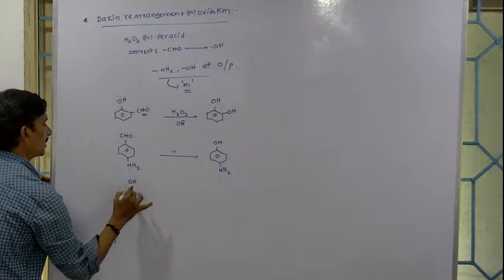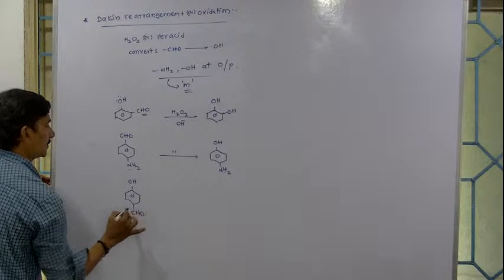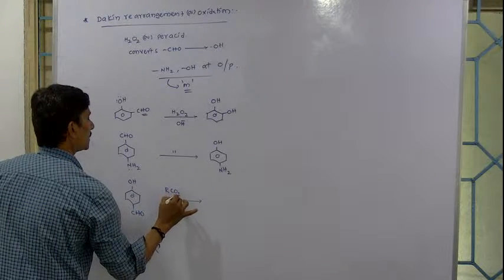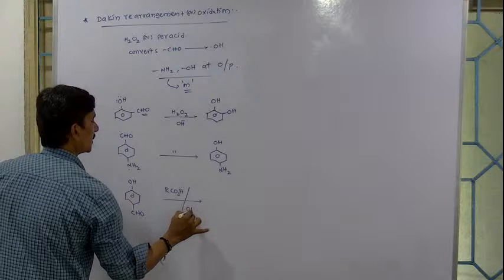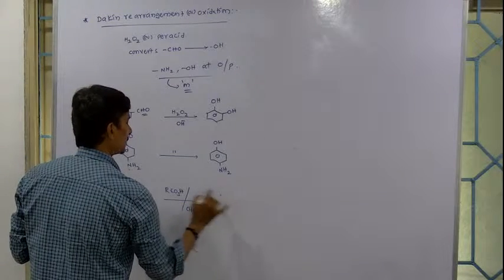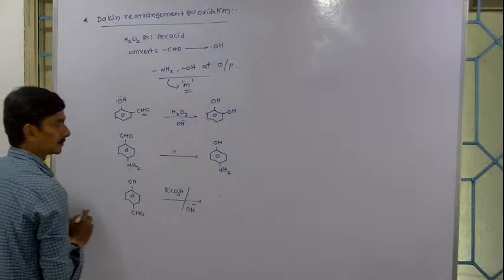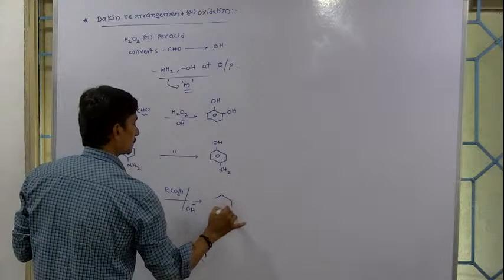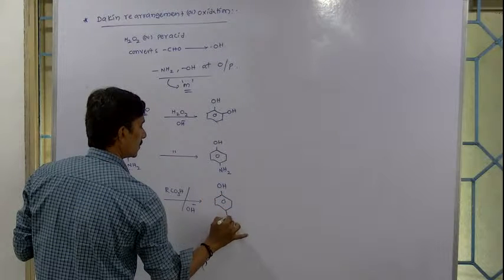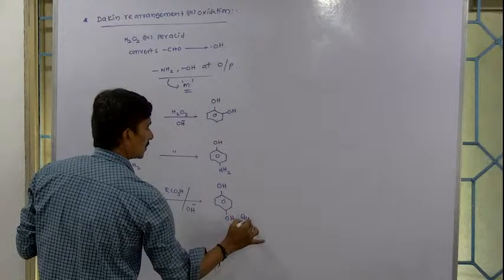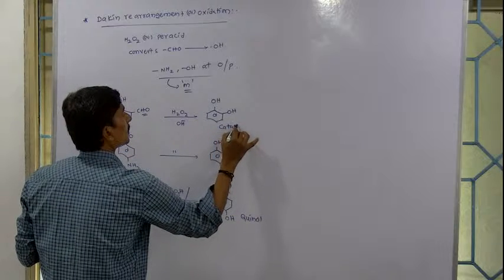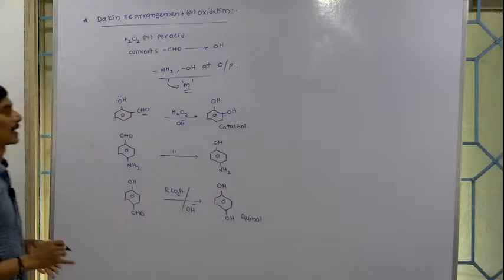If it is treated with a peracid, CO3H, in presence of a base, that is peroxy acids, it converts into phenol. It is catechol.